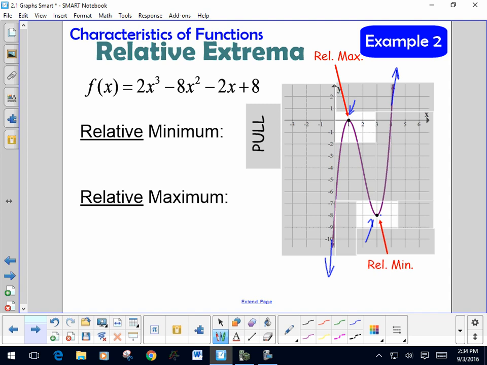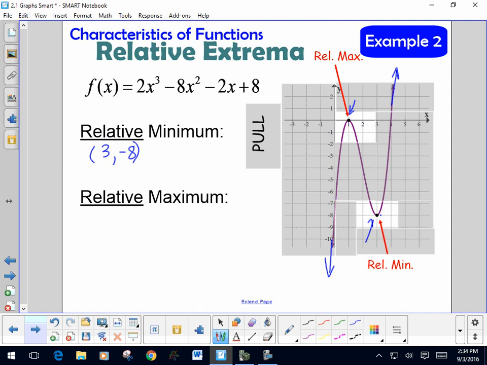So it's not the minimum value of the function per se, but in its neighborhood, relative to the parts of the function close to it, it is a minimum or a maximum. So for the relative minimum, you might say that it happens at the point (3, -8).